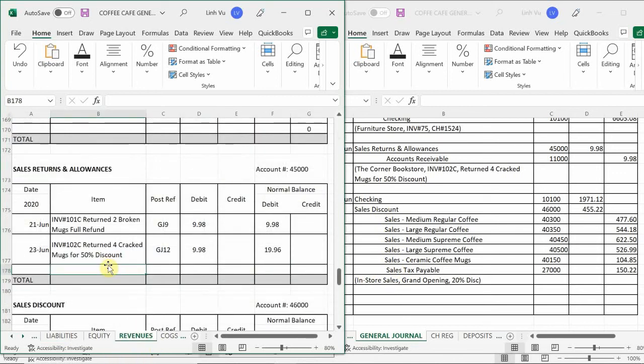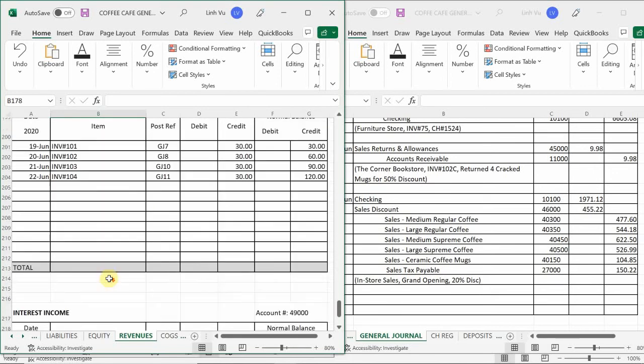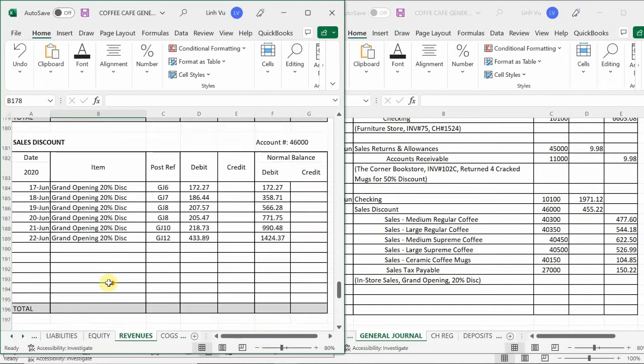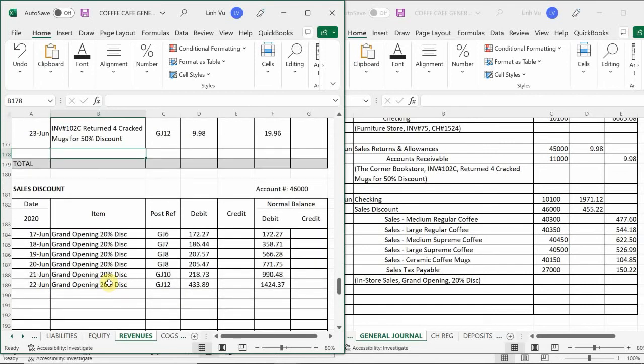All right, next is revenues. So which account first? We're going to do the sales discount. Okay, good. Here it is, sales discount.